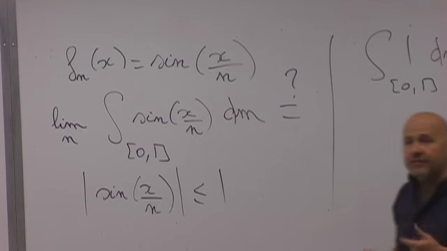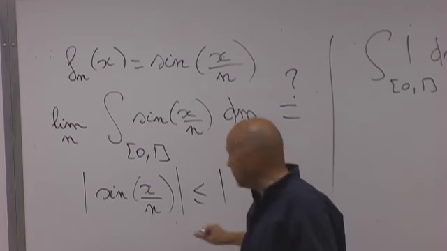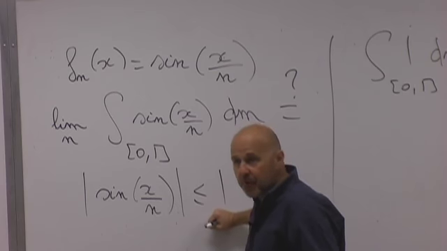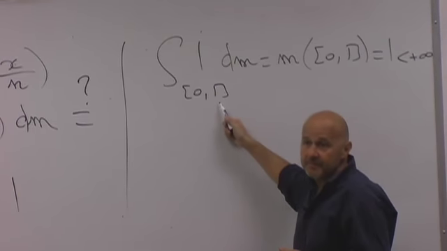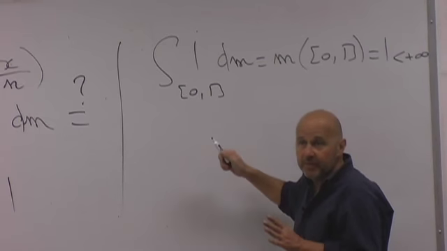But if I were doing this problem on 0, infinity, this would not work, because 1 is not integrable on 0, infinity. If I try to integrate 1 between 0 and infinity, I'm going to find infinity. So it really depends where we are.